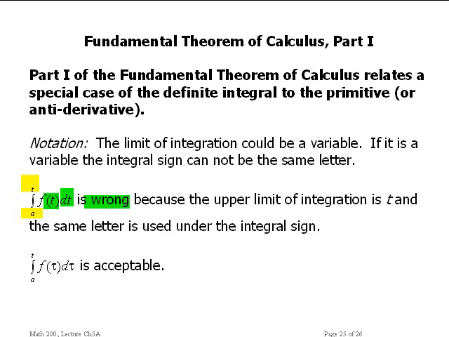The one in green, the one that's under the integral sign, not in the limit, is called a dummy variable, because when you're done integrating, you're going to substitute a or whatever numbers for that variable. So it doesn't really matter what you do. Typically, if you have t in the limit of integration, you use a different letter like the Greek letter tau in the integral. And these have to match up, but they cannot be the same as the t up there. Okay?